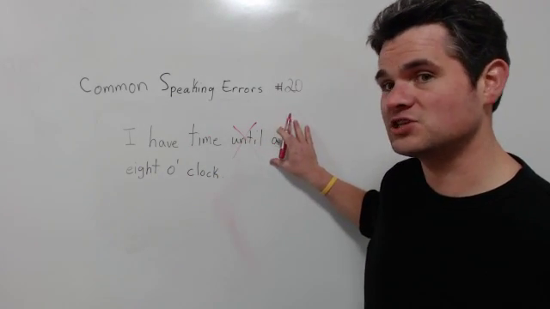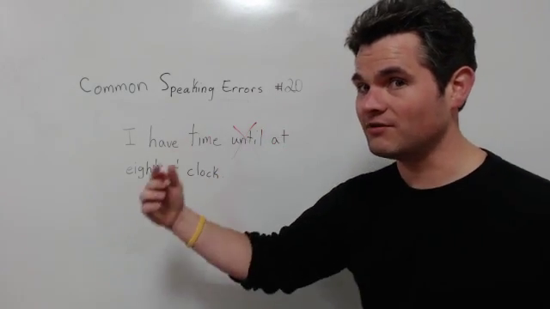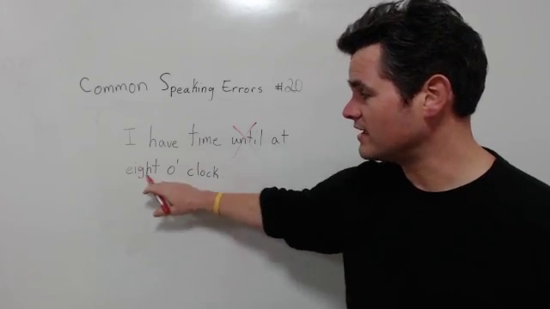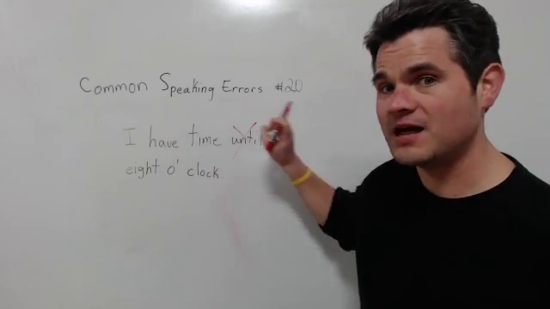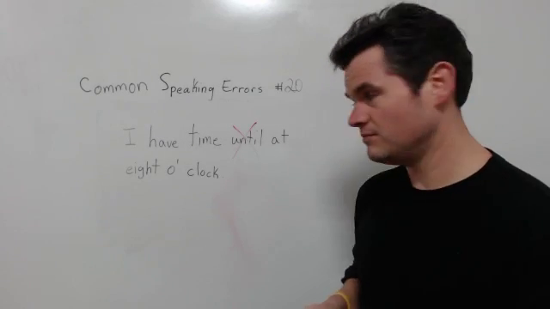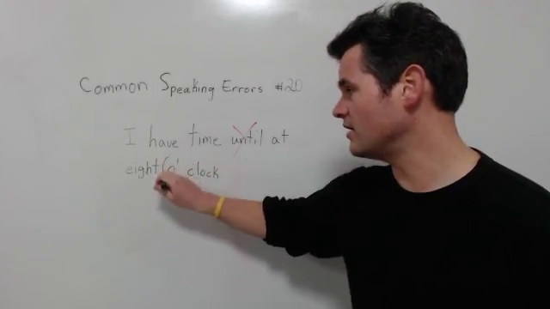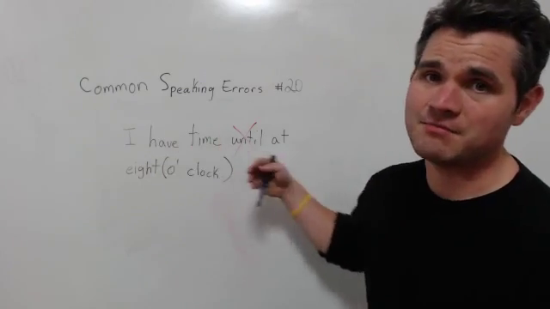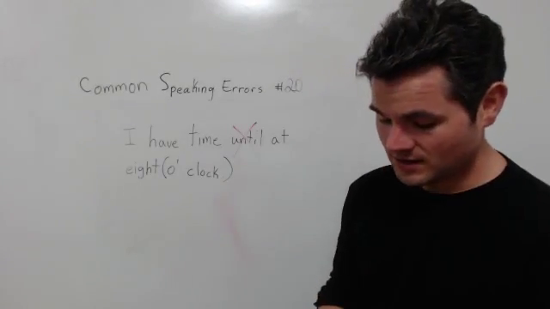We're going to use the preposition at as an indicator of time, and you can say 8 o'clock. So I have time at 8 o'clock. And another thing, you don't need to say o'clock. You can just say I have time at 8.